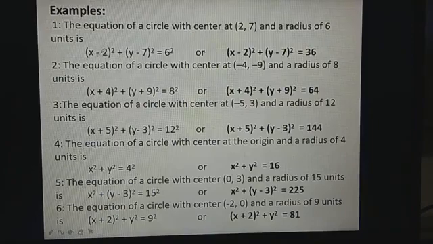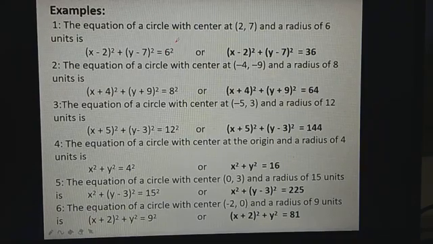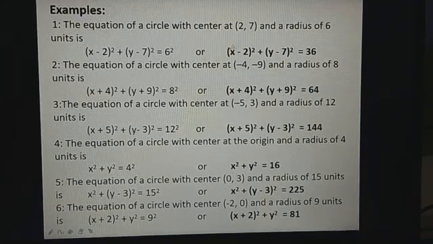So, x minus the value of h, 2 squared, plus y minus the value of k, 7 squared, is equal to the value of r, our radius, 6 squared. And then let us just simplify this. So our center radius form of the equation of the circle will be the quantity of x minus 2 squared plus the quantity of y minus 7 squared equals 36.